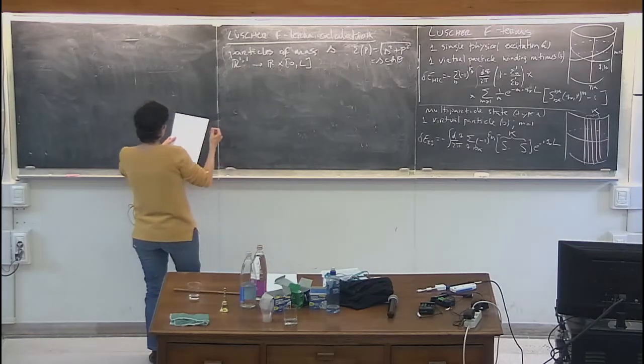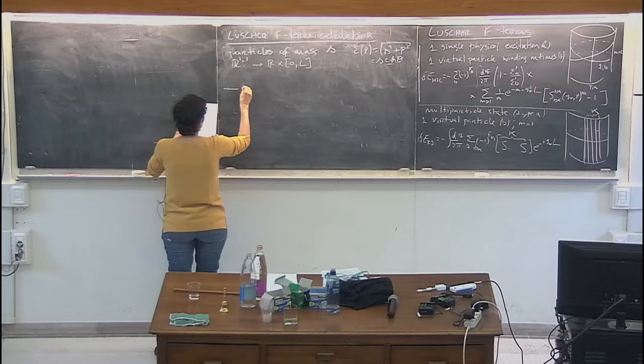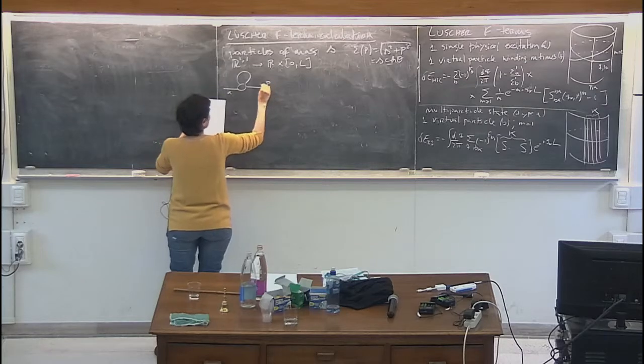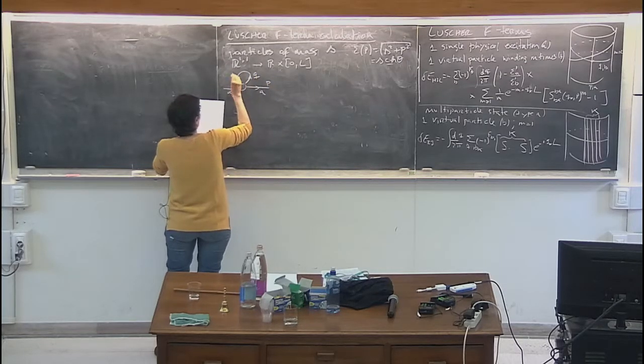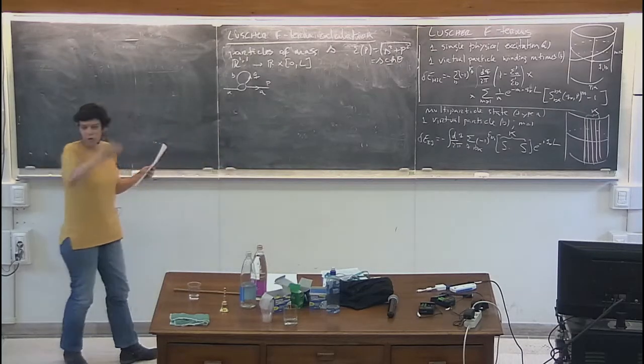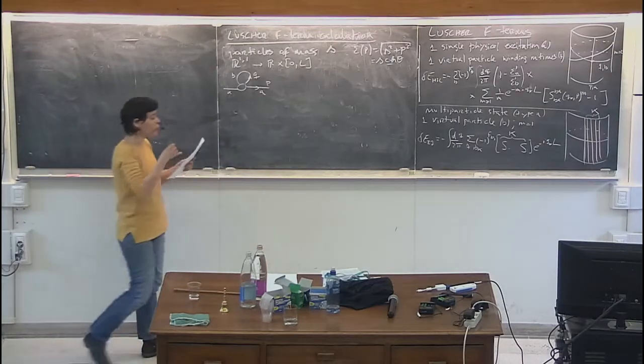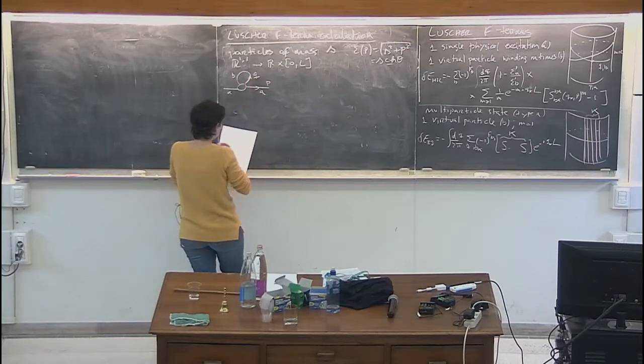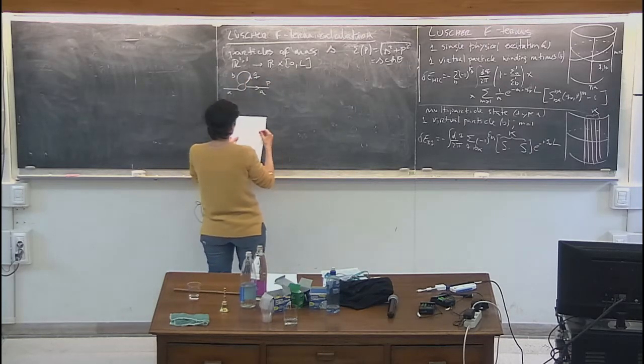And what you calculate is corrections such as this: you have a particle with momentum p, you have a virtual particle with momentum q. You sum over all possible virtual particles, all possible types of virtual particles. So here it's type B, type A. They might be all of the same type, they might be of different types.